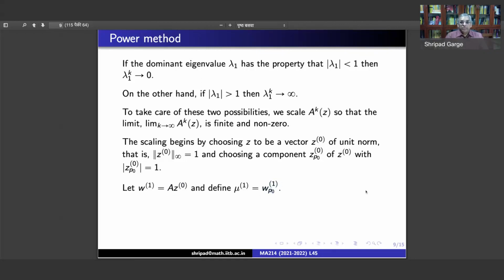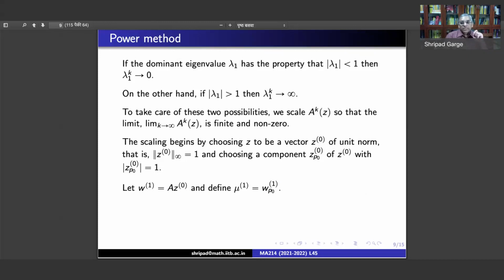Okay, so let me repeat the whole thing. We started with a unit norm vector and we took a component whose value in modulus is 1. Apply the matrix A to it and then see the value of that particular component. We call it mu1.